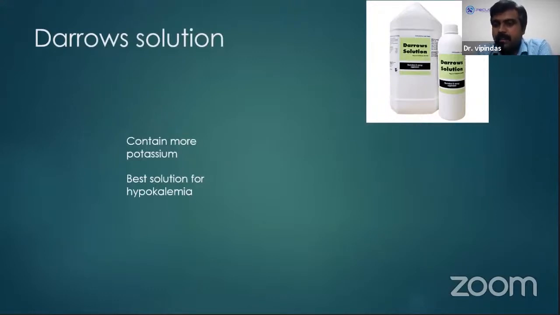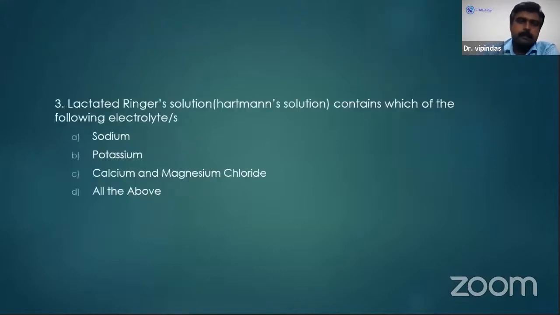In hypokalemia, the organ usually affected is the heart, that is cardiac muscle. Hypokalemia affects mainly muscles, and among them the cardiac muscles. So Darrow solution contains more potassium and is the best solution for hypokalemia. Hope it is clear.